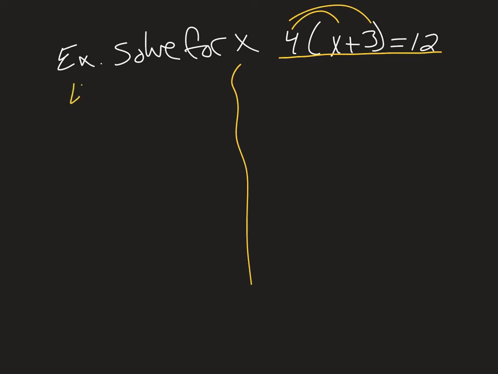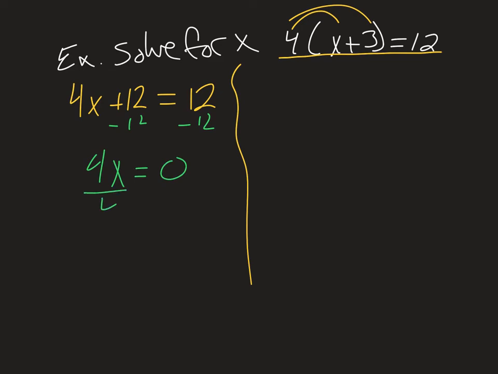So I'm going to have 4x plus 12 equals 12. And then I'm following my order of operations backwards. I'm going to subtract 12 from both sides. So 4x is going to equal 0. Then I'm going to divide both sides by 4 to undo the multiplication by 4. So x is going to equal 0.